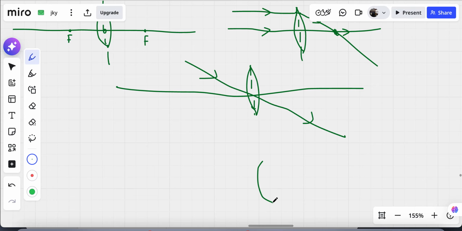The third one is, what of a ray that is coming from the principal focus?